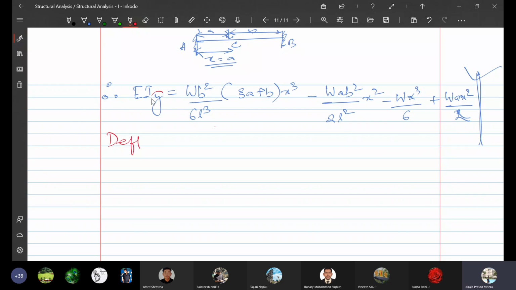What is the value of y? Deflection under the load.